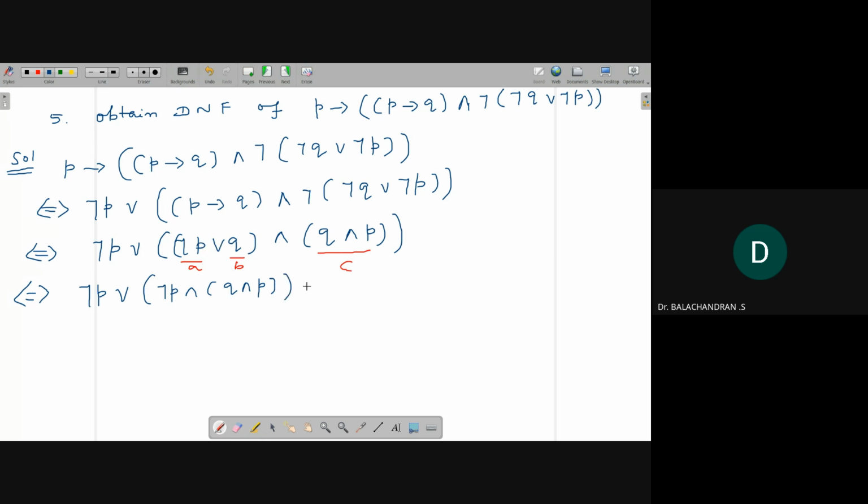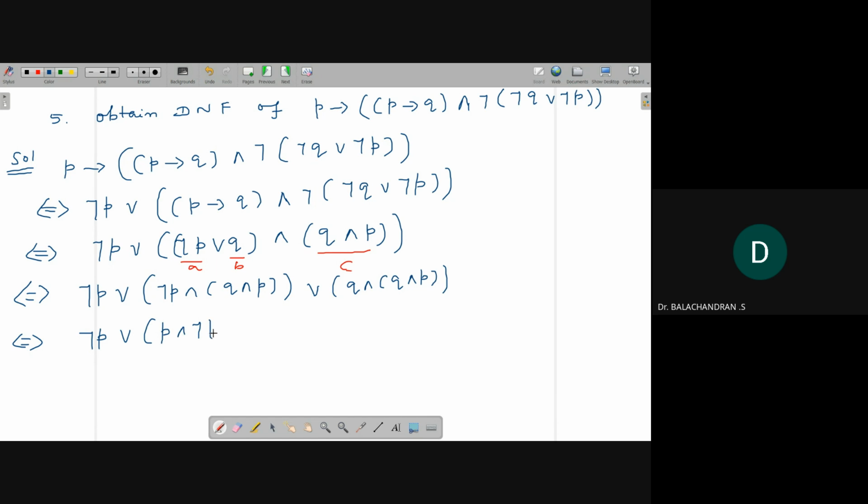And then R, B. B is what? Q and P. Close this bracket. So now this is equivalent to negation P or. So everywhere you have and, so you can apply commutative law and then associative law. So you will get P and what?